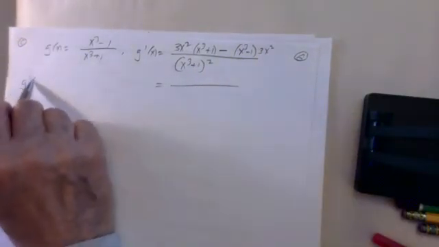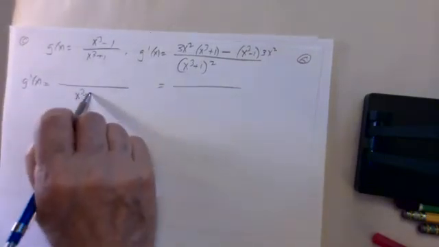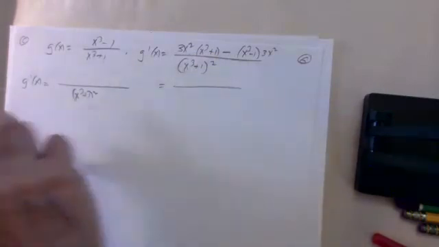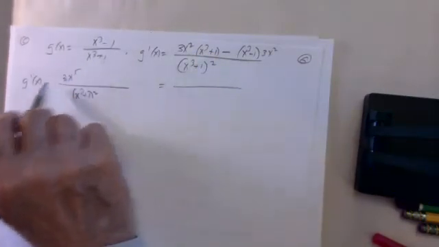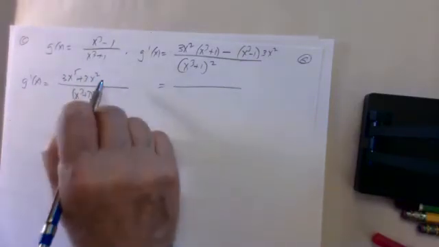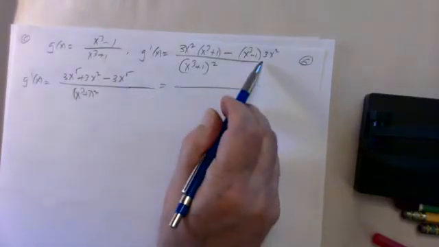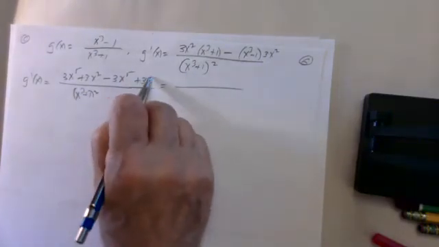So g prime of x, if we expand the numerator, we get 3x to the 5th plus 3x squared minus 3x to the 5th plus 3x squared.